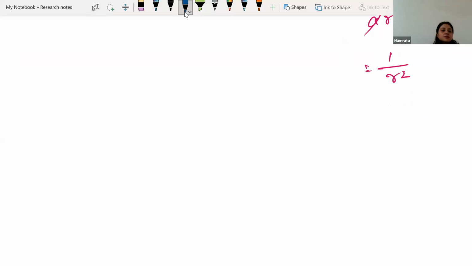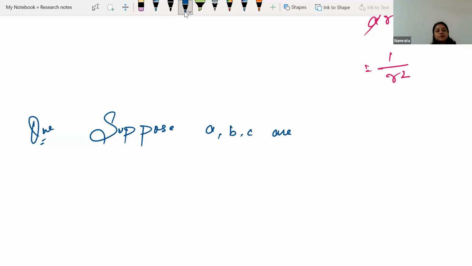So suppose our question is, suppose A, B, C are in AP and A square, B square, C square are in GP.